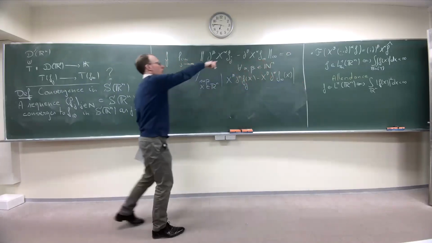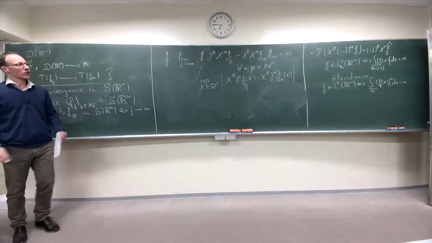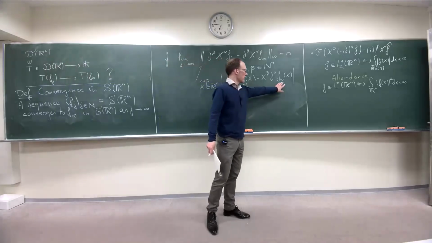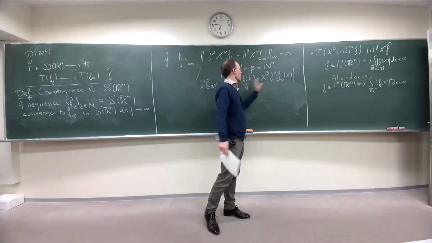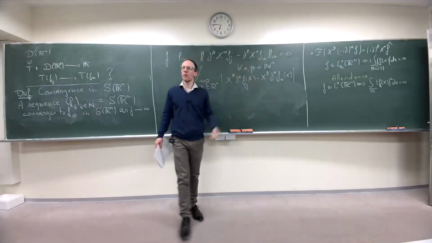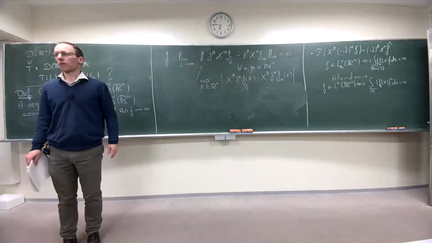So this norm with an infinity means take a supremum. So it says that f_j is approaching f_infinity, but this is the same for all derivatives. And in addition, you can multiply by a polynomial, and it's still going to 0.